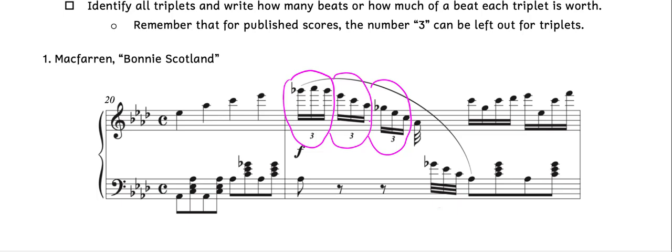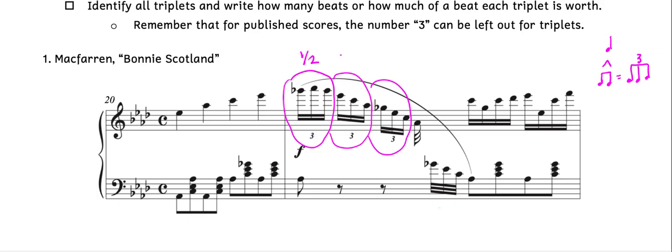So now we need to figure out how much the triplet is worth. If a quarter note is equal to 1, then 2 eighth notes are the division, meaning that 3 eighth notes as a triplet is also equal to 1. So 3 sixteenth notes would be equal to half of that.